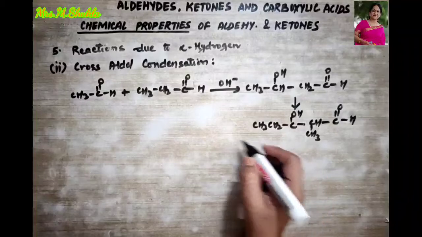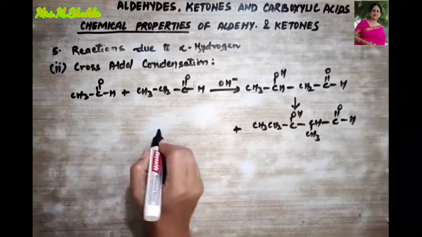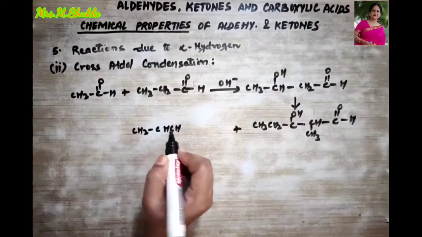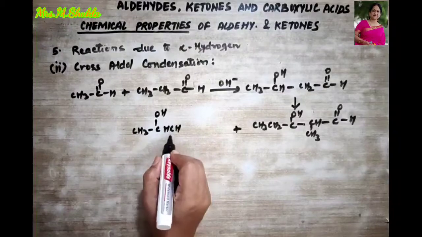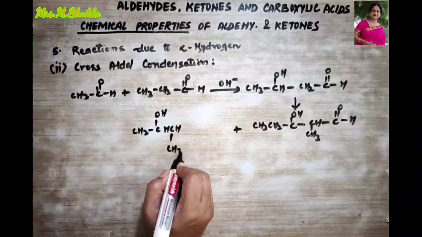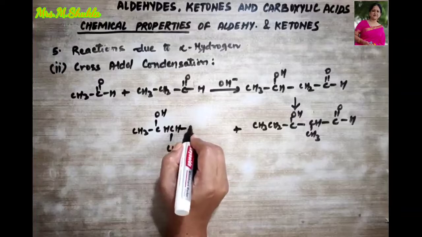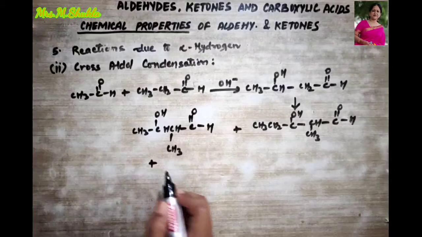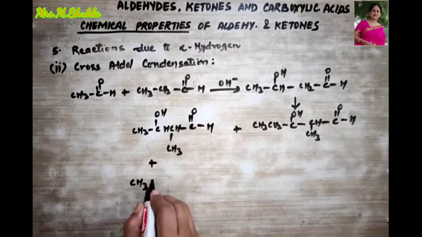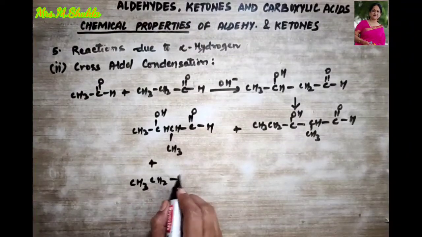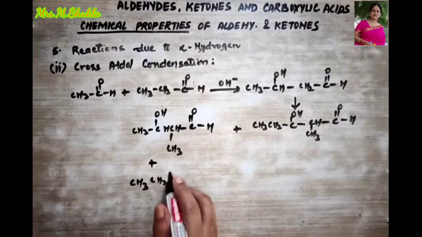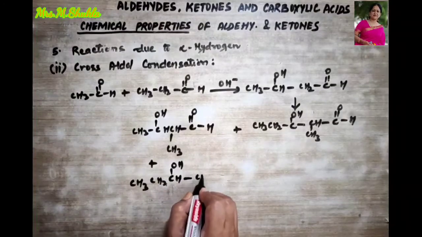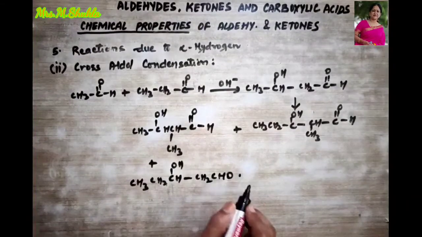It can also give CH3CH double bond CH... and CH3C double bond OH, and it can also give CH3CH2CH(OH)CH2CHO.